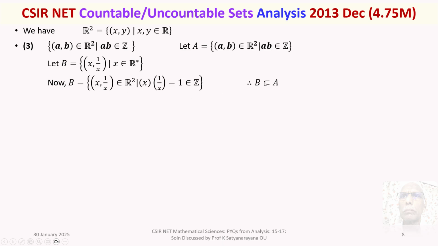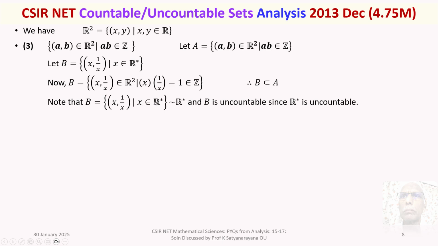So that means B is a subset of A. Note that B is the set of all (x, 1/x), x belongs to R star. How many elements will be there in B? As many as there are in R star, because for each x belonging to R star, we get an ordered pair and conversely.